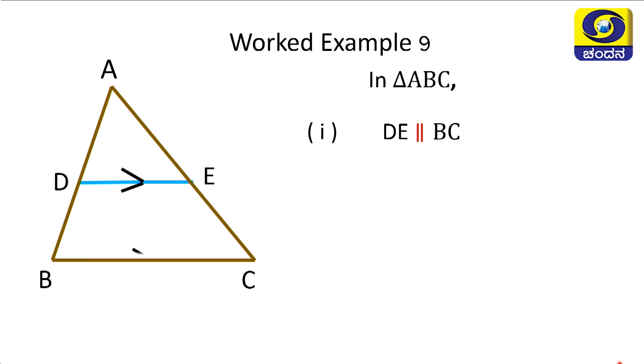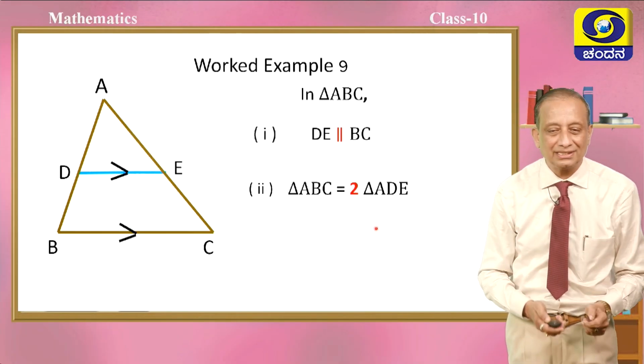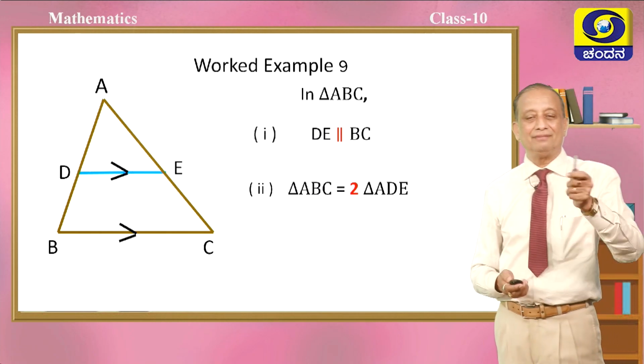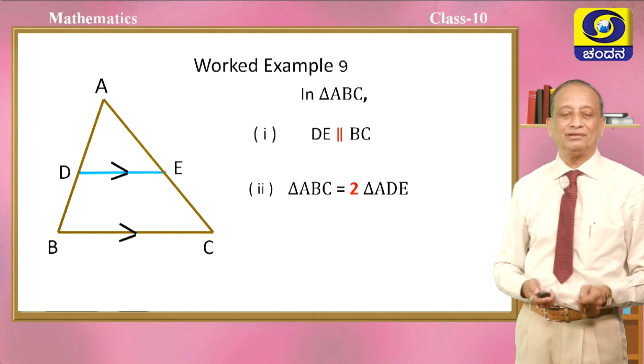The arrow marks indicate that the lines are parallel, in such a way that, children, we have to draw DE so that the area of triangle ABC is exactly double the area of triangle ADE. We cannot draw anywhere we like. We have to draw in such a way that the area of triangle ABC is twice the area of triangle ADE.